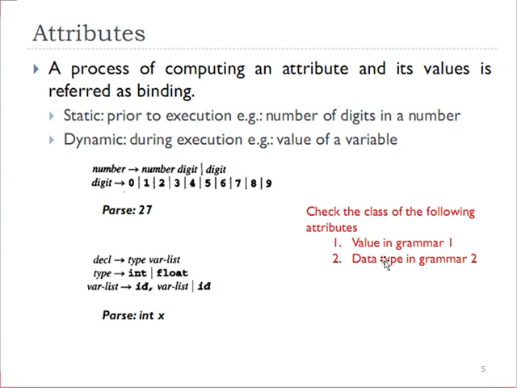Consider attributes like value for the first grammar, and for the second grammar, consider data type as an attribute that can be associated to the grammar symbols, and define an attributed grammar by considering those two attribute types.